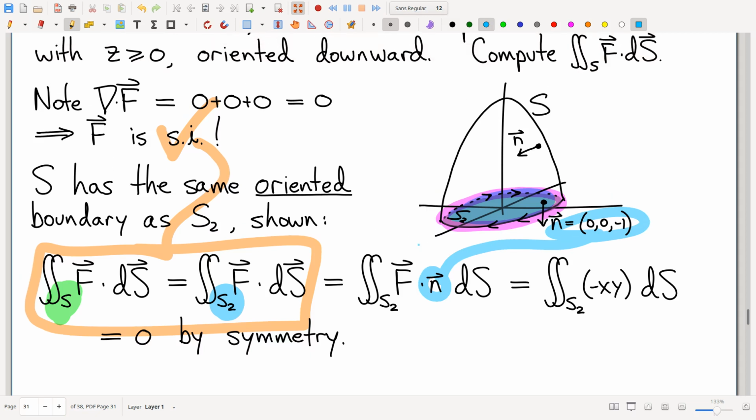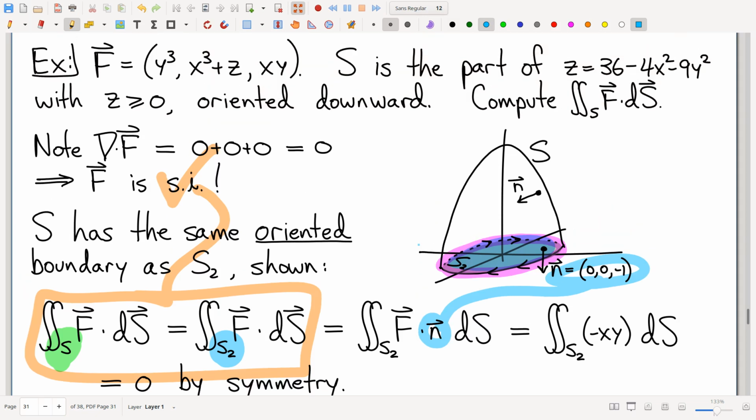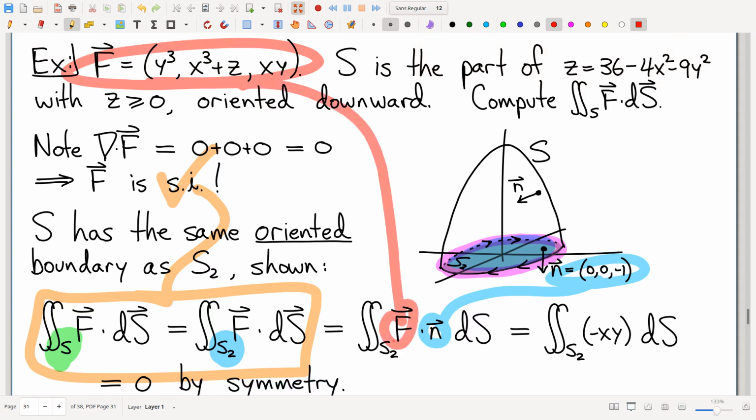And let's see here. Our vector field, I will use red. Our vector field is that. And so let's do this dot product, F dot n. So this dot that, minus xy. Nothing to it.